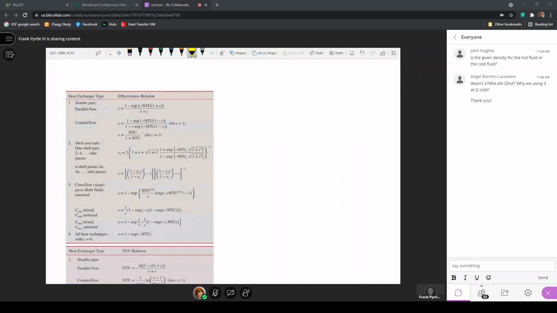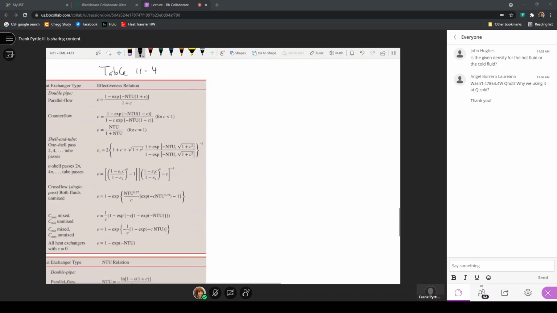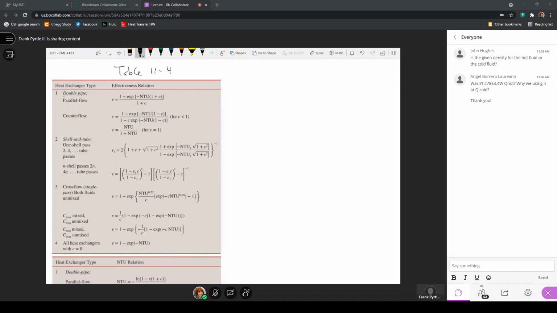To do that, we refer to other figures that have equations associated with them. This expression here is table 11.4. Here you see these expressions for different heat exchanger types: the double pipe, parallel and counterflow, shell and tube, with the number of passes and number of shells indicated for particular expressions.